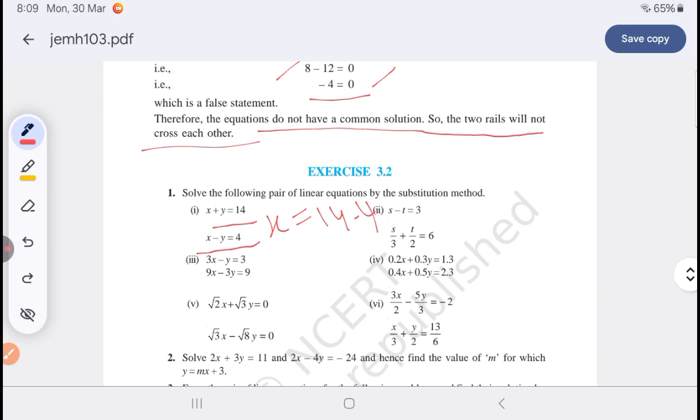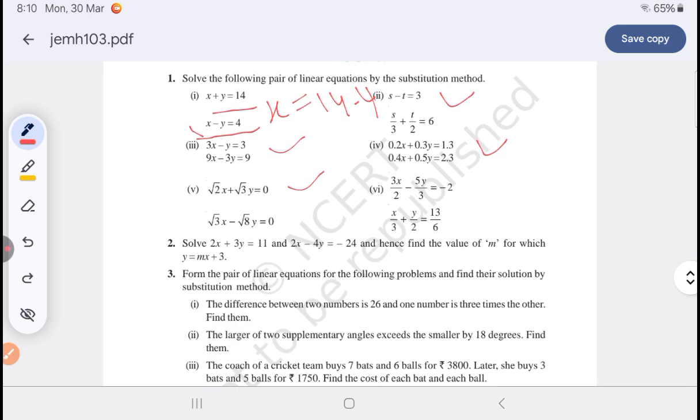Put the x value in this equation, then you will get the y value. Similarly, you do it for this, do it for this, do it for this. And from this also, you find the values of x and y. Then if you find x and y, you can find the value of m.